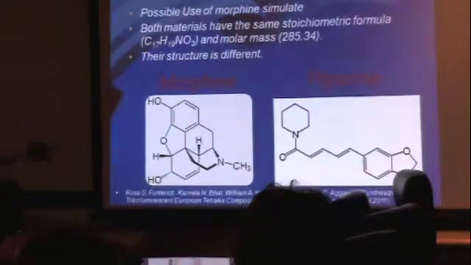So this is morphine, right? And this is piperine, and the same stoichiometric formula, same carbon, hydrogen, nitrogen, oxygen. Now that is the wonder of nature, right? All of us are made up of carbon, hydrogen, oxygen, and the numbers may be the same, but if the structure is different, it all has different properties.